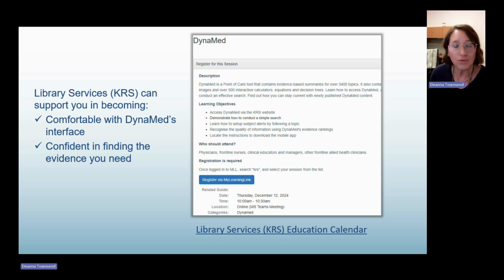But our team is also really more than happy to sit down with you individually or with your team to go over how you can integrate DynaMed into your clinical decision-making workflows, how you can get comfortable with that interface, and how this tool can really be used on a regular basis to help you with your evidence-based clinical decision-making. So we're here to help you get really personal and familiar with DynaMed.